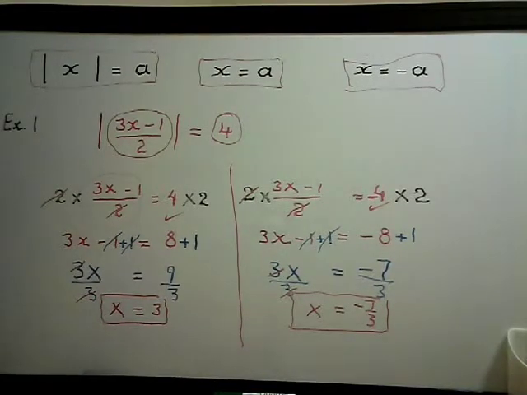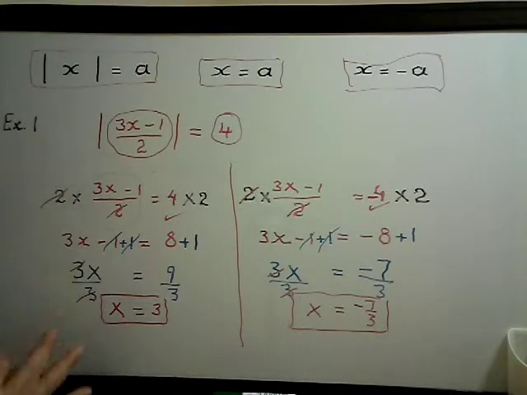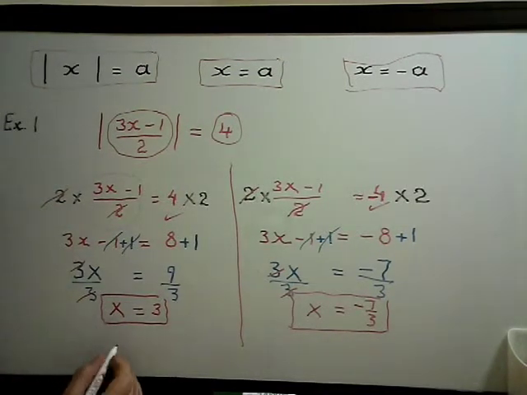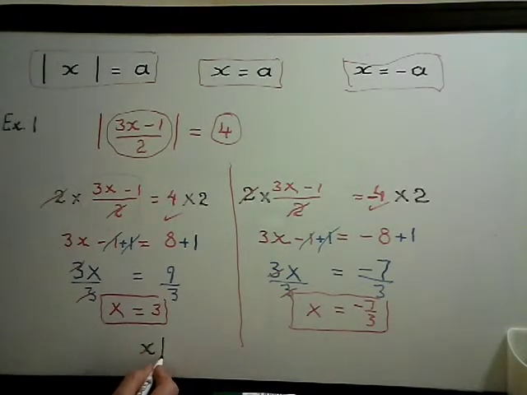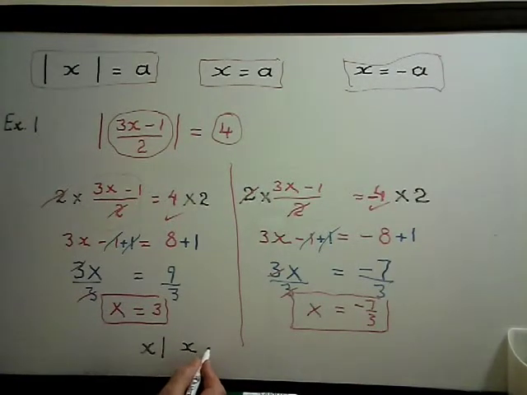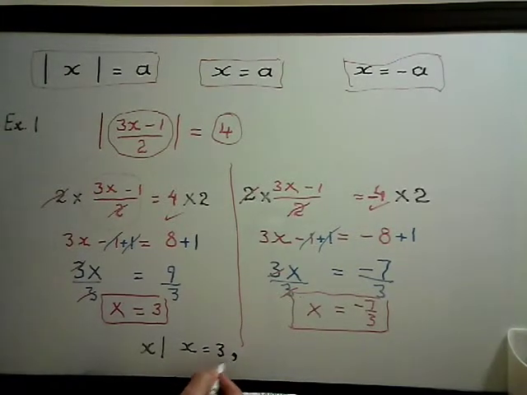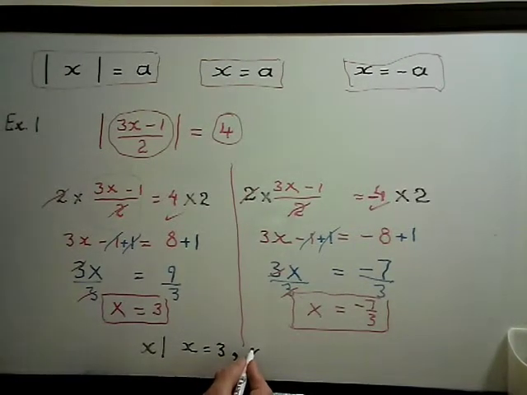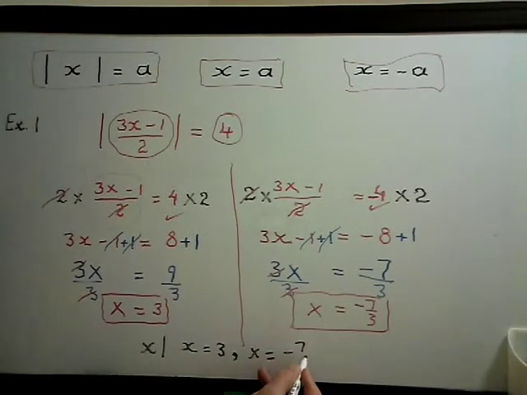So the solution for all this form is x where x is equal 3 and x is equal minus 7 over 3, or negative 7 over 3.